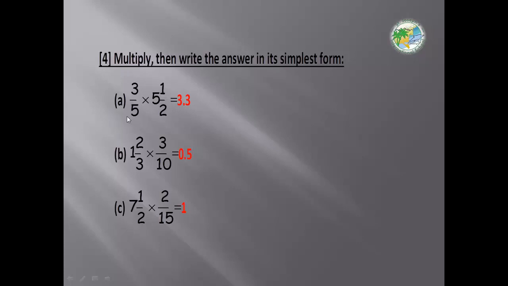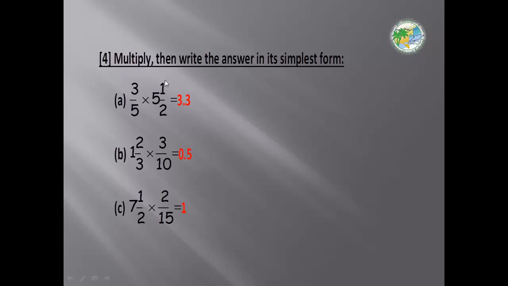If we change the fractions into decimal times decimal, then we can answer. Another method, we can change the mixed number into an improper fraction. How? Remember, denominator times 5 plus 1, meaning 2 times 5 plus 1. We studied this in Primary 4.